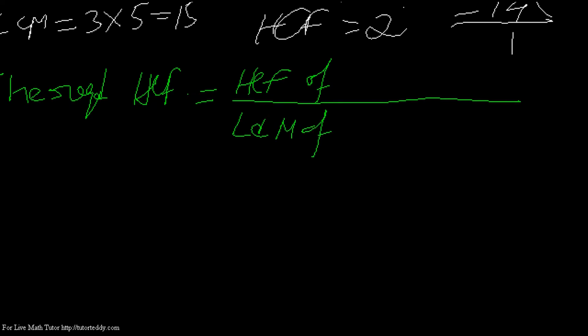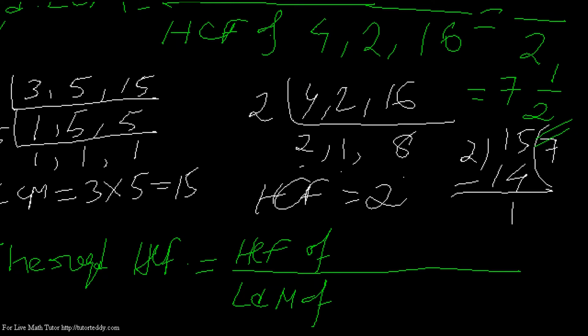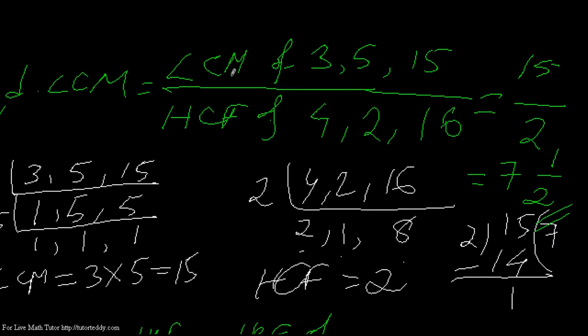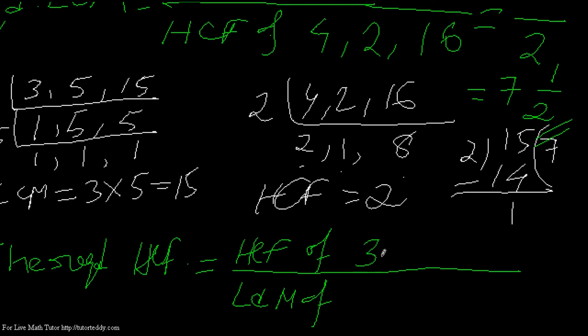So let me check the numerators and denominators. In the numerator I have 3, 5, 15. So HCF of 3, 5, 15 and LCM of the denominators 4, 2, 16.